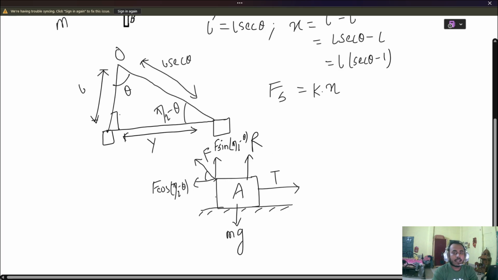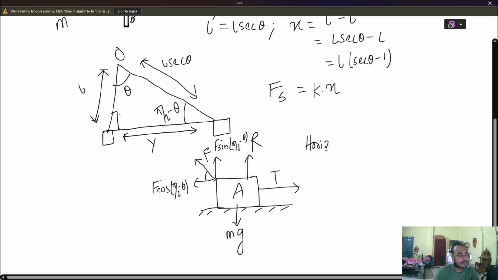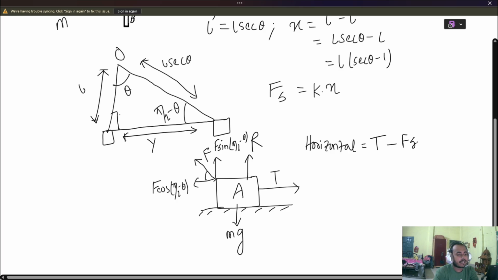Okay. So all in all, the forces which are acting horizontally, and we are taking right hand side as a positive direction. So horizontally, the forces acting on it should be T, and here you have F sine theta because cos of pi by 2 minus theta is sine theta. So T minus F sine theta.